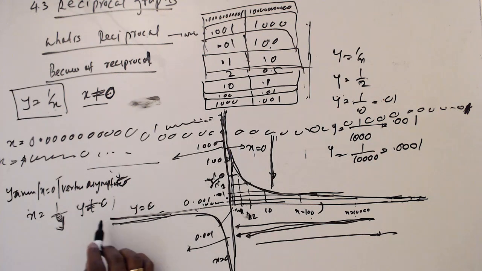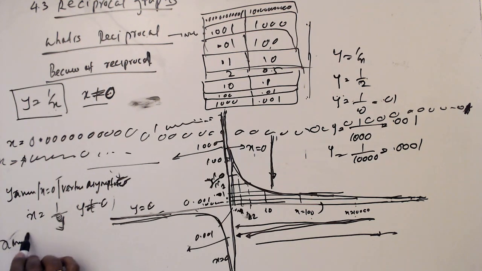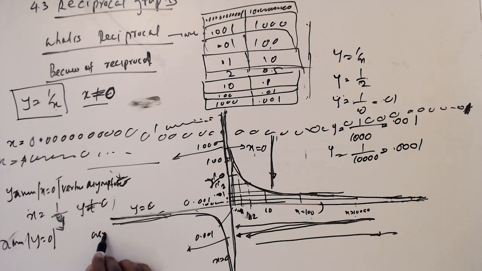Hence y equals 0 is an asymptote. The y equals 0 line, the x-axis, is an asymptote, and since it is horizontal, it is a horizontal asymptote.